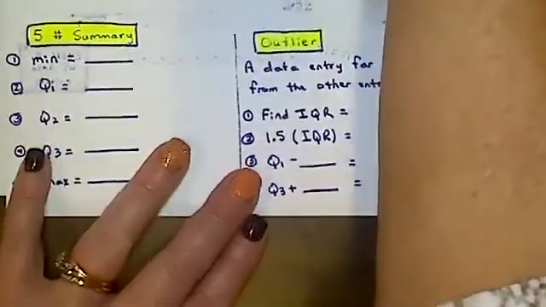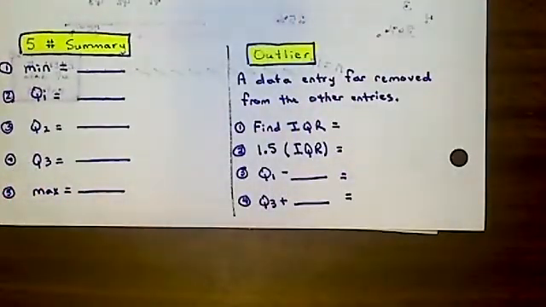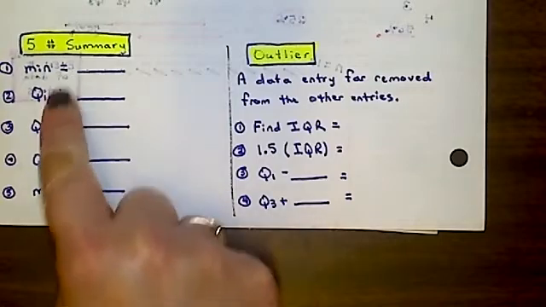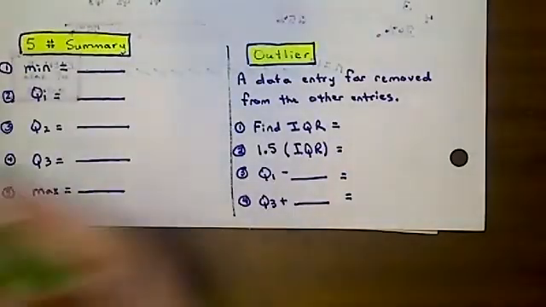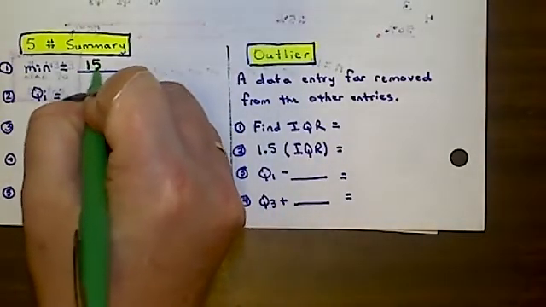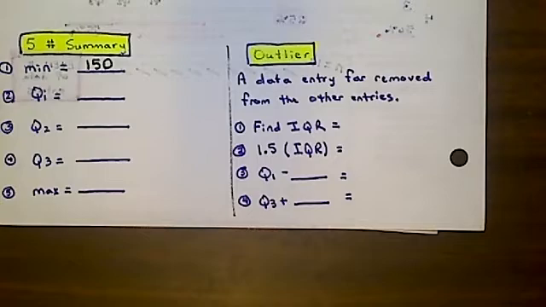Okay, now as we go to what is called a 5-number summary. When you're doing your homework, it will ask you for a 5-number summary, and this is what it's wanting. So go ahead and put minimum, Q1, Q2, Q3, and max. Okay, my minimum value was 150 when you think back to the data that we organized.